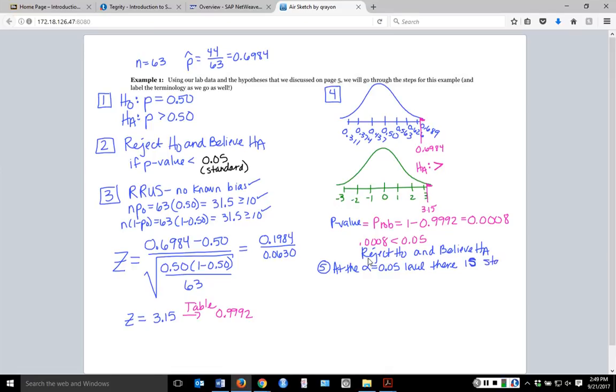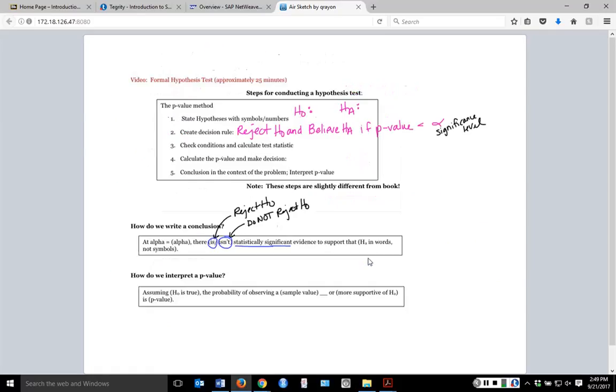There is statistically significant evidence to support... we have everything up into here. Then our last thing is the alternative hypothesis, but in words, not in symbols.